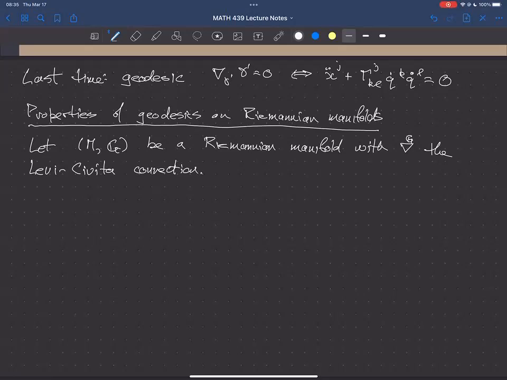Okay, so based on what we have already done, what we know is that the geodesics for the Levi-Civita connection are the Euler-Lagrange equations for the kinetic energy.